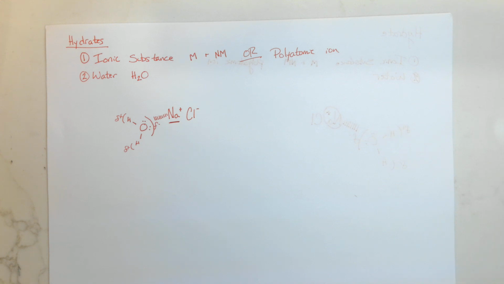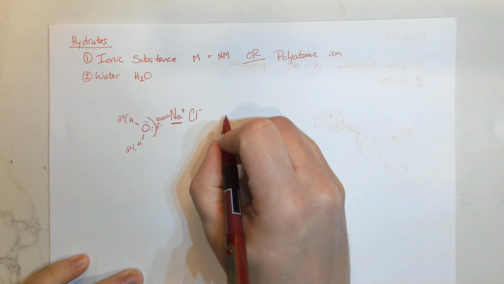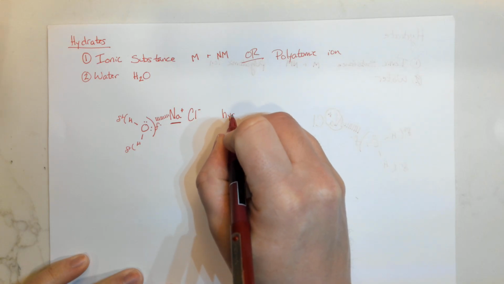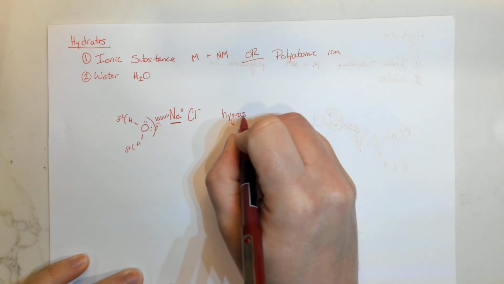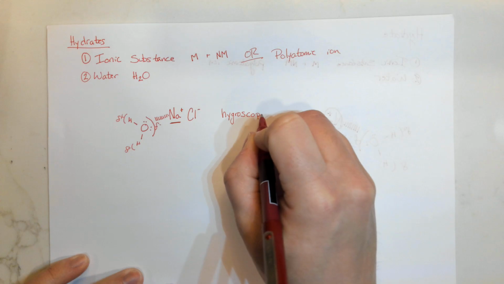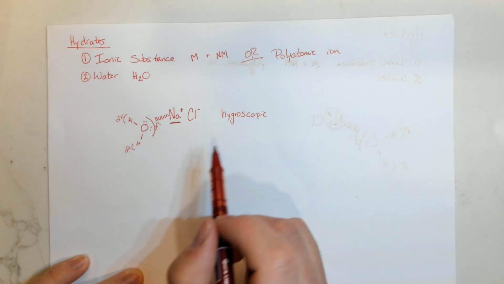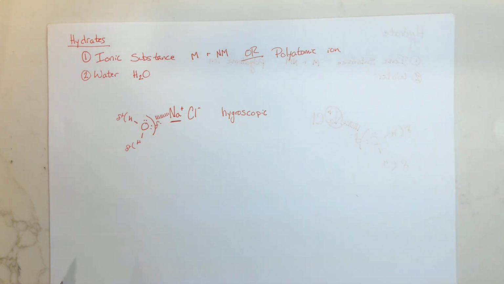When ionic substances do this, they're said to be hygroscopic, the ability to pull water out of the air.